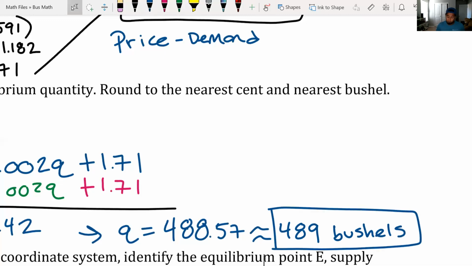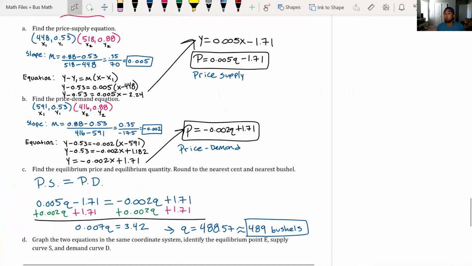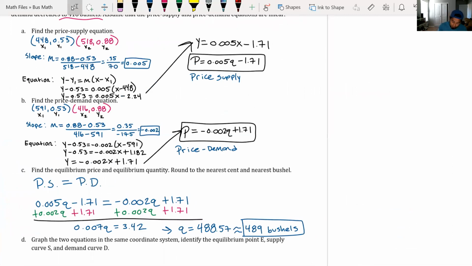And now we have Q. All we have to do is solve for P, which means take 489 and plug it into here or here, and we're going to get around the same exact value. So I'm just going to plug it into the first one.